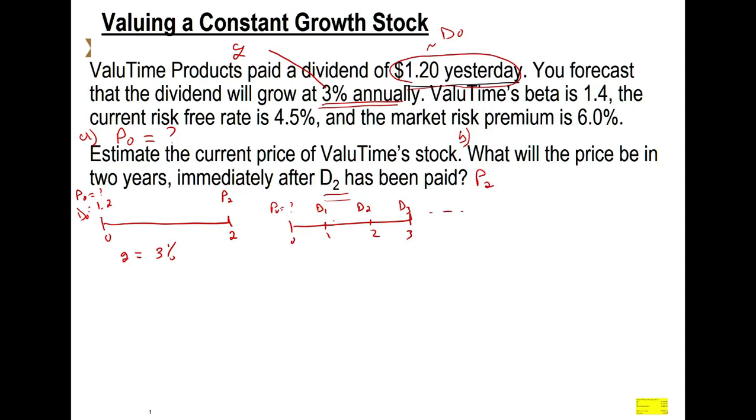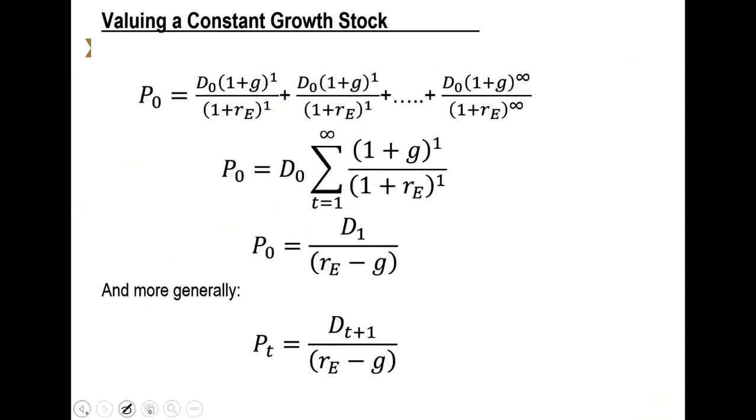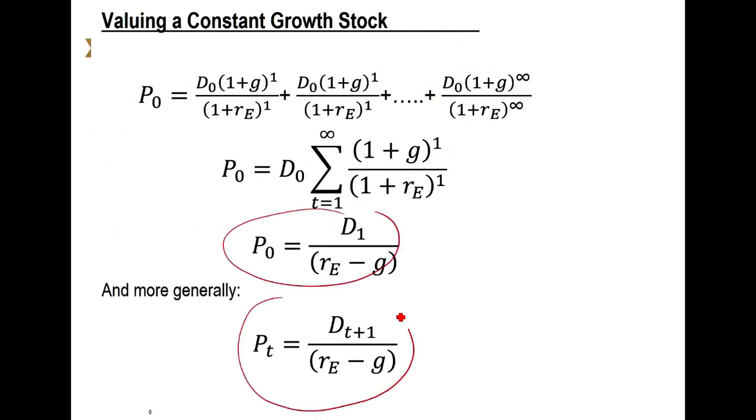That makes things a lot easier. To answer the question, what is P sub 0? We know for the constant growth model that it's D1 over R_E minus G. You may remember this conversation we had. Same thing. This is in general; this is specifically applied to P sub 0.